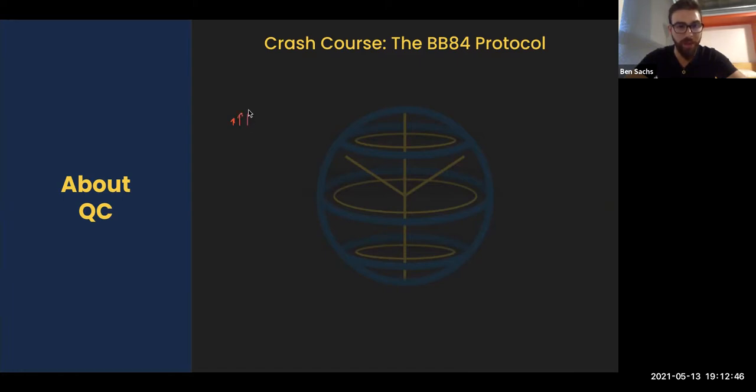A lot of you might have seen this before. We have an electric field, it's increasing, and then it's decreasing, oscillating like this. If you look at this head on, you're going to see basically a line of electric field going up and down.